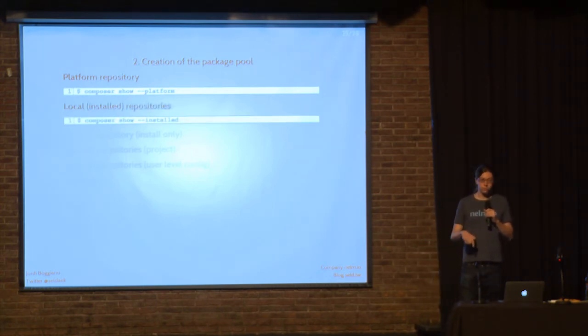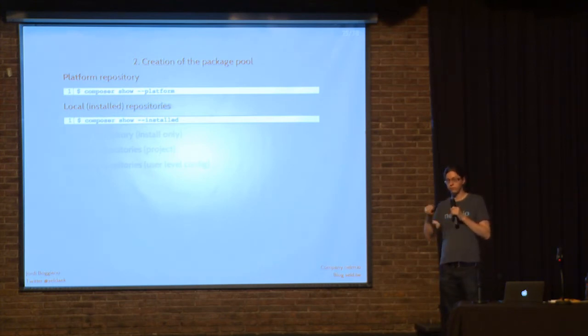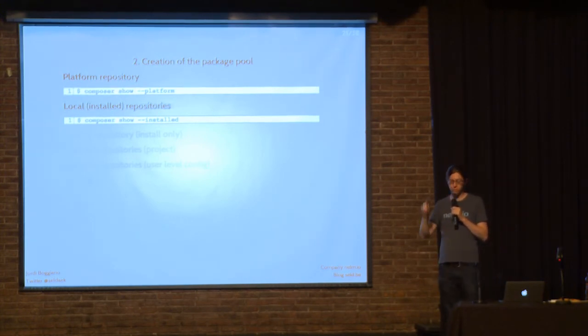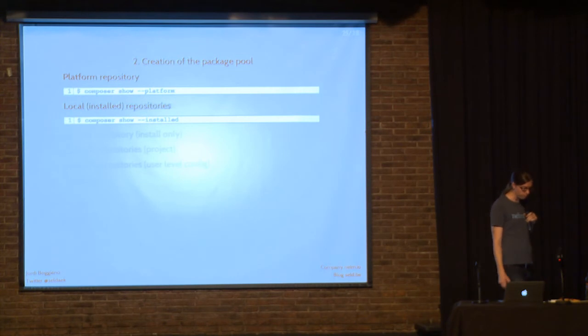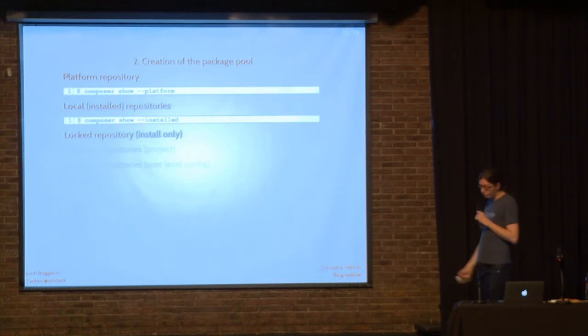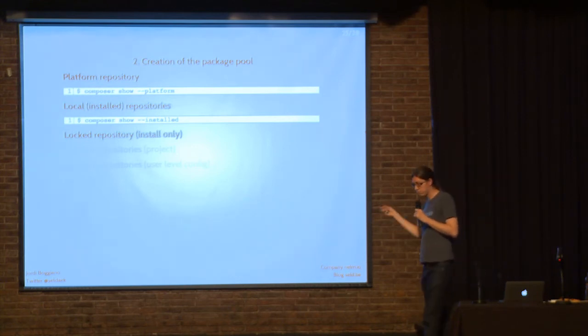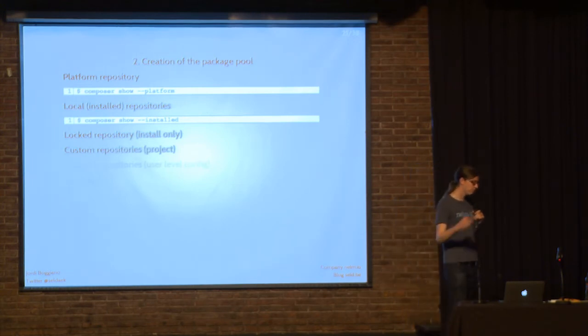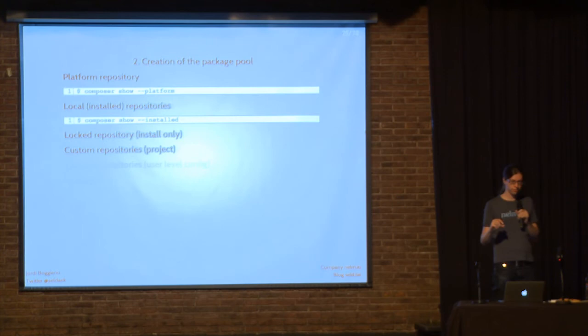Then we load the installed repository. That's the one where, if you look in vendor/composer/installed.json, it's also a bit like the log file. It's just a large set of package metadata that describes what is installed. Then we have the locked repository, which is like the log file. We have the custom repos at the project level, so if you define your repository inside the root package.